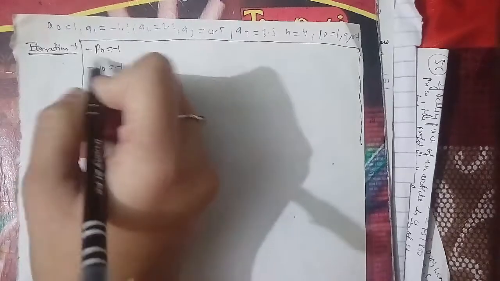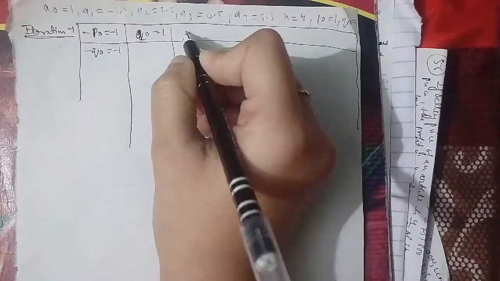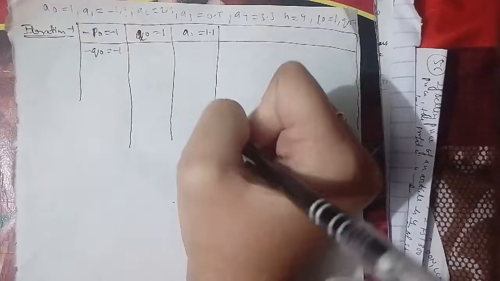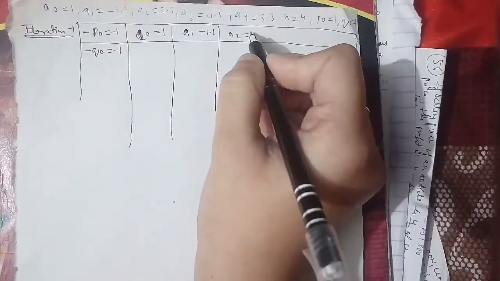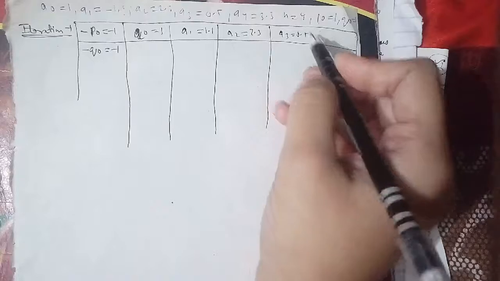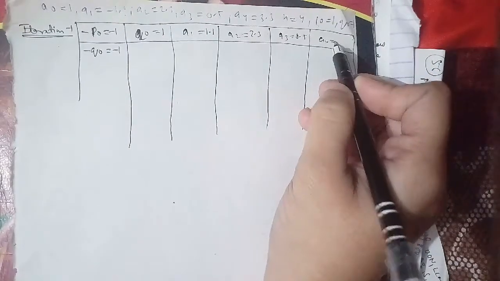That is, Q0 is equal to 1, A0 is equal to 1. Then we have A1 equals minus 1.1, A2 is equal to 2.3, A3 is equal to 0.5, and A4 is equal to 3.3. So for the same, we go ahead here and we'll put the values.